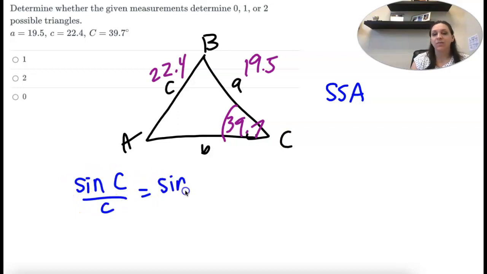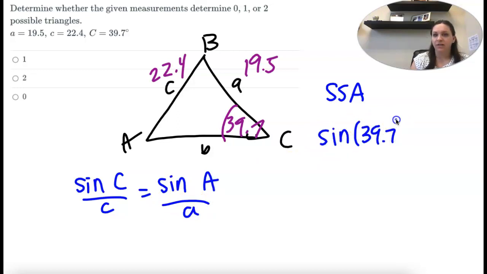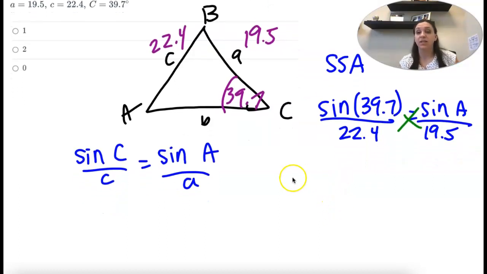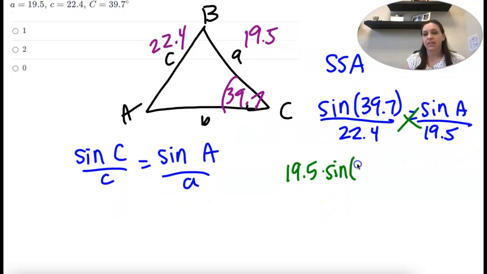All of these set up the same way, okay? So sine of C over side C, sine of A over side A. I'm going to cross multiply and do the exact same steps as we've been doing.